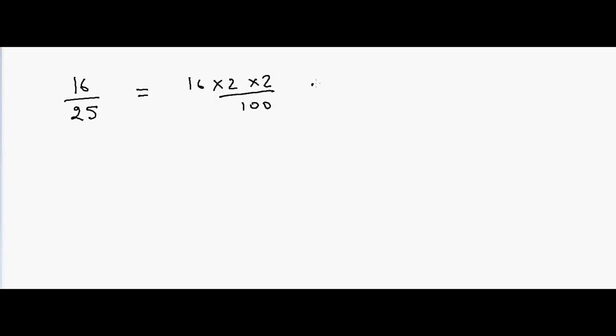Here, double of 16 is 32, and then double of 32 is 64, so the answer is 0.64. Again, if I have 4 divided by 25, that will be 4, double of 4 is 8, and double of 8 is 16, so 0.16.